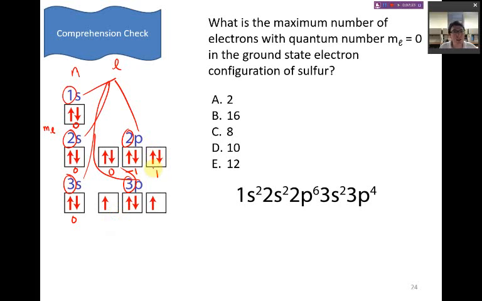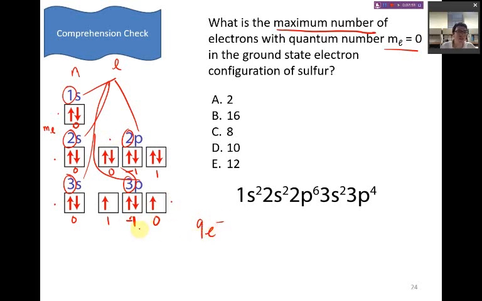And because these are degenerate, it doesn't matter which one I label as which. So I could label them as 0 on the left, 0 on the right, or 0 in the middle. The only time that it matters is when I'm counting up the number of electrons. And in this case, I want to know what's the maximum number of electrons that could have an m sub L value of 0. So if I count this up, I would have 2, 4, 6, 8, 9 electrons.